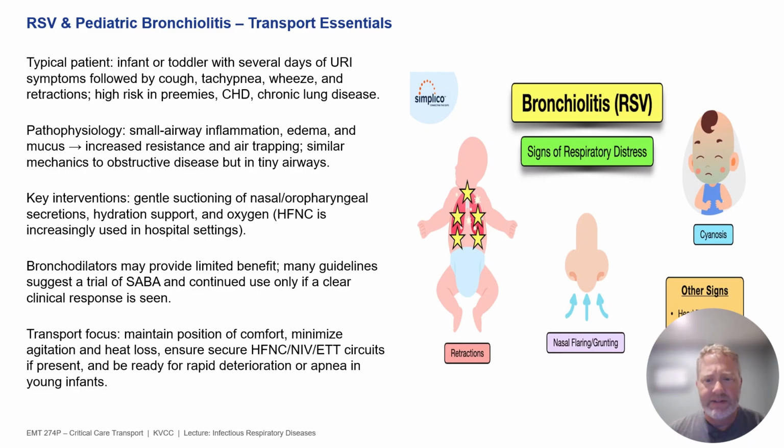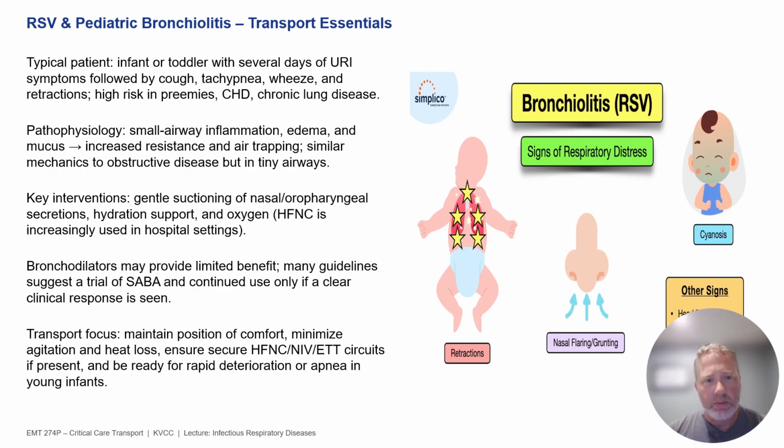The pathophysiology is small airway inflammation, so bronchiole inflammation, and edema or swelling from the viral injury, from the virus itself. It's not bronchospasm in the classic sense, which is why bronchodilators have very limited evidence in this population, and you should not rely on them.